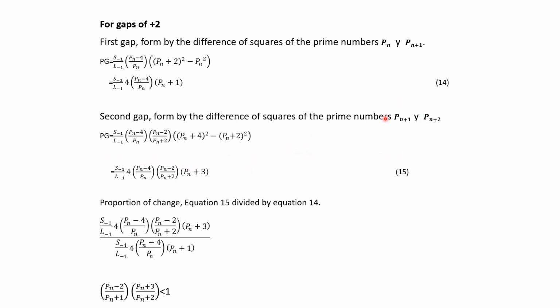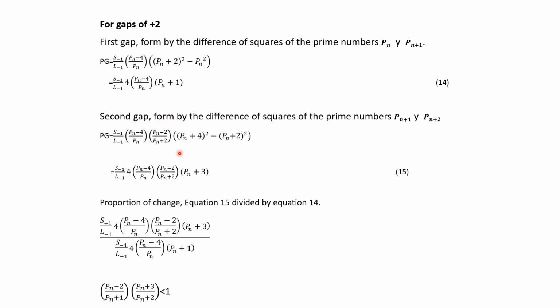So Pn plus 1 was already here, now that is Pn plus 2, and Pn plus 2 will be Pn plus 4, so it's there. And we get again this factor, but we have to add one more factor of this, so we get this, okay? If you substitute there Pn plus 1, you're going to get this.